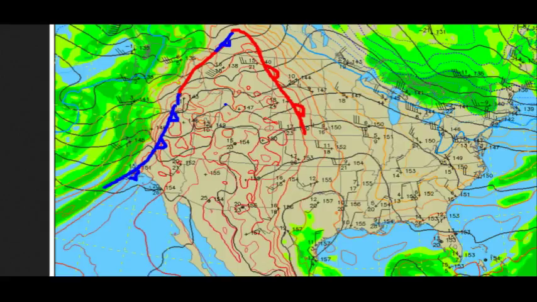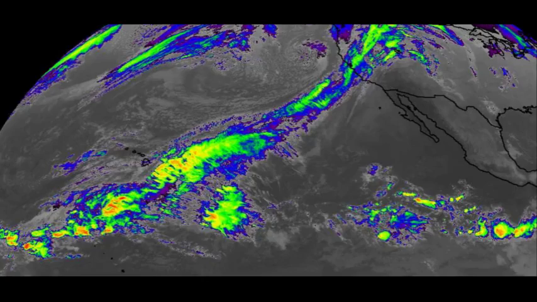Okay, so things are pretty active there in the western U.S., and I think we're going to see that frontal system move into the Great Basin and into the Rockies over the next couple of days. So let's head into that forecast and take a look.